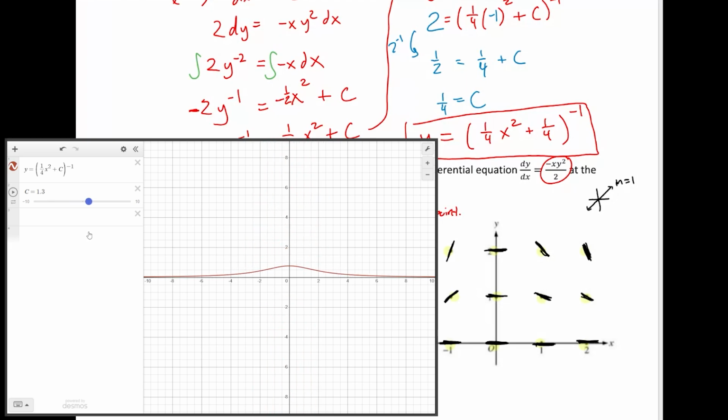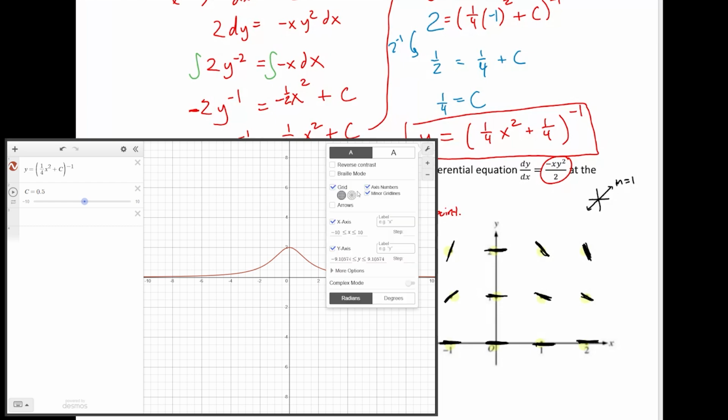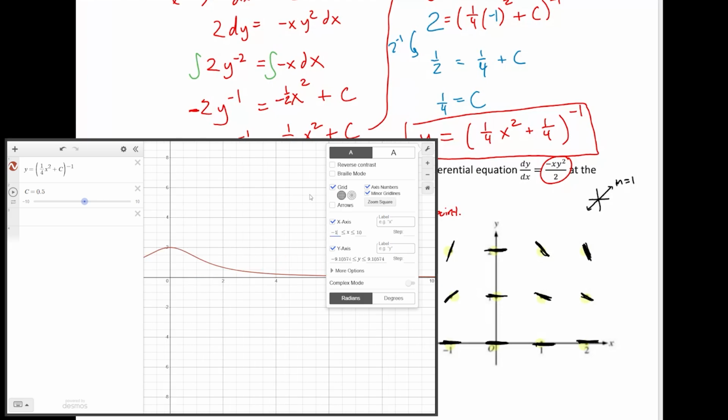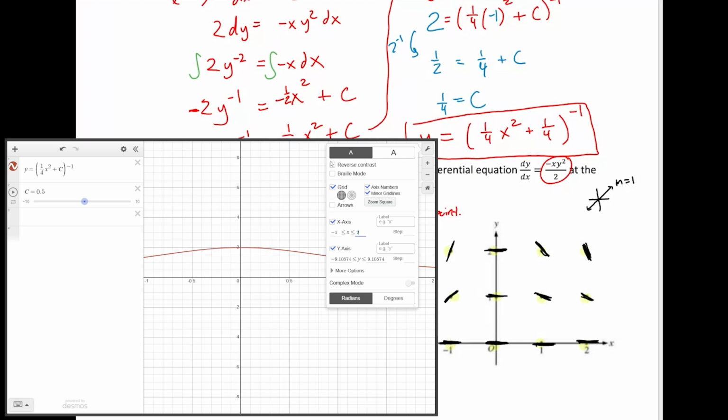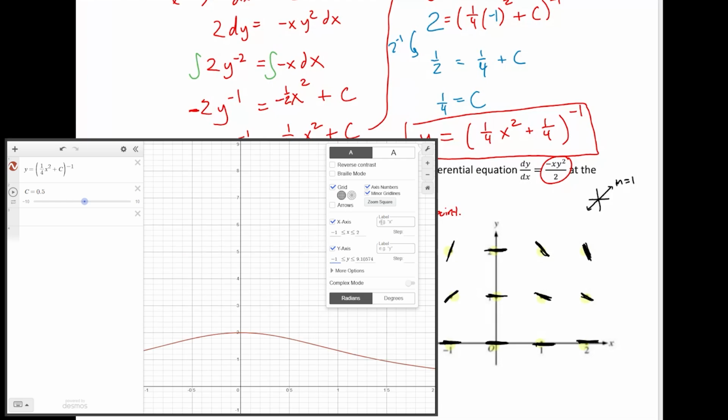Okay, so anyway, what we have graphed here is on the slope field. Give me a second here. Let's change our window to go from -1 to 2 on the y-axis, so we see exactly what we're seeing on the slope field, from -1 to 2.